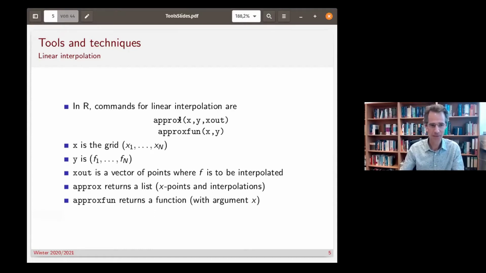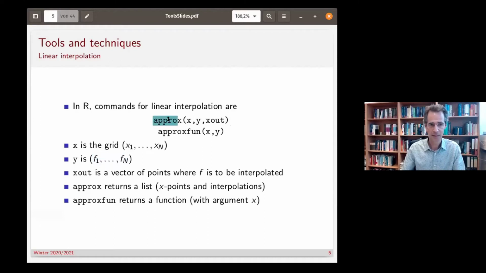The first command has three main arguments. There are a number of optional arguments which are left out here. The first argument is the grid. So x is a vector of grid points, equidistant or not, that doesn't really matter here. The second argument is a vector of the same length, which comprises the functional values at the grid points. So this would be f1 up to fn in this case.